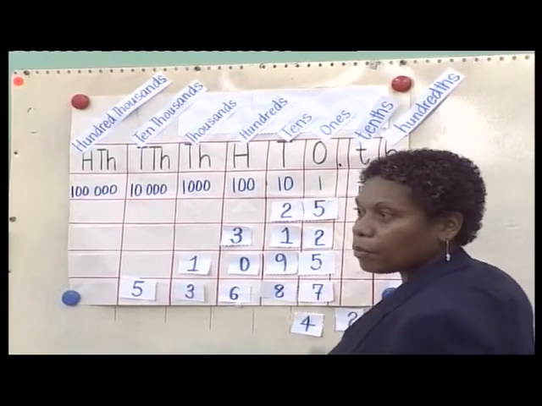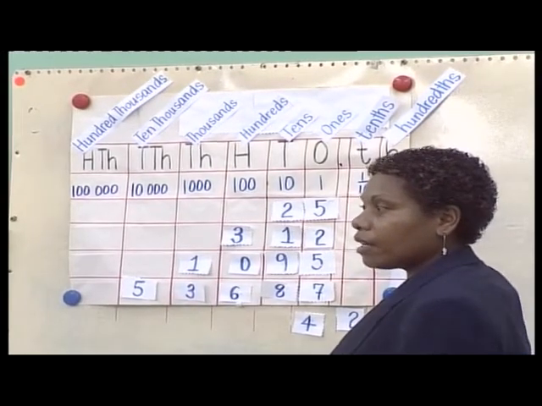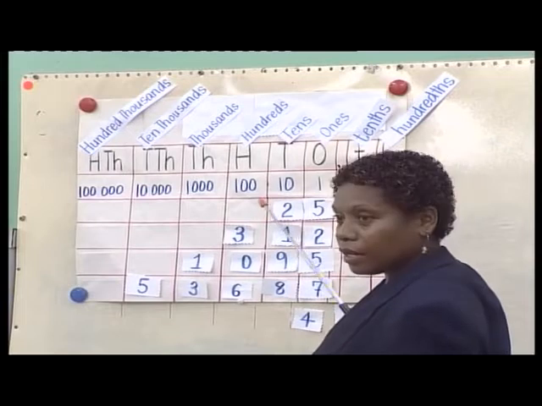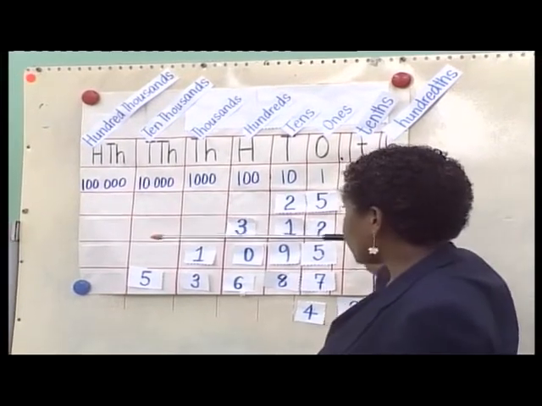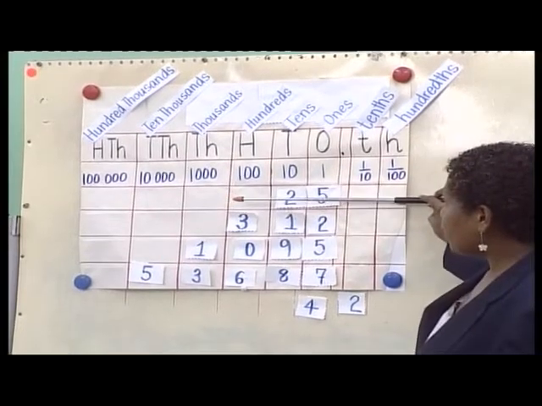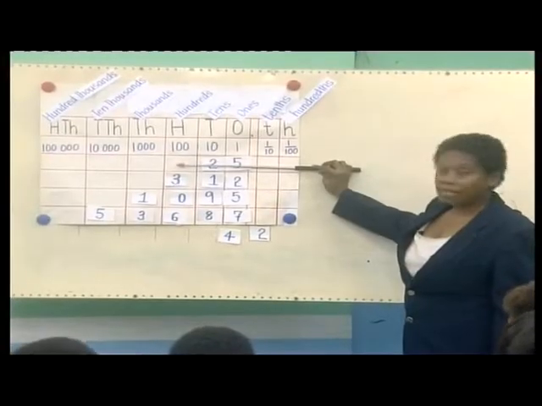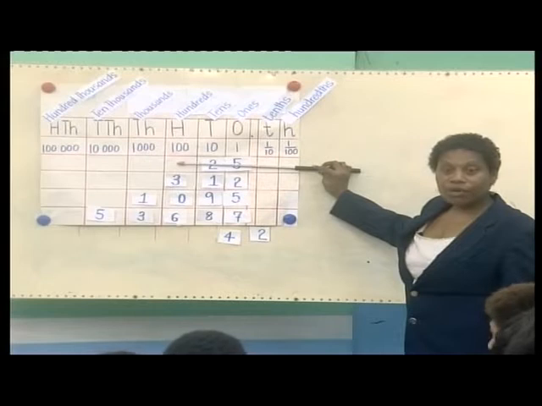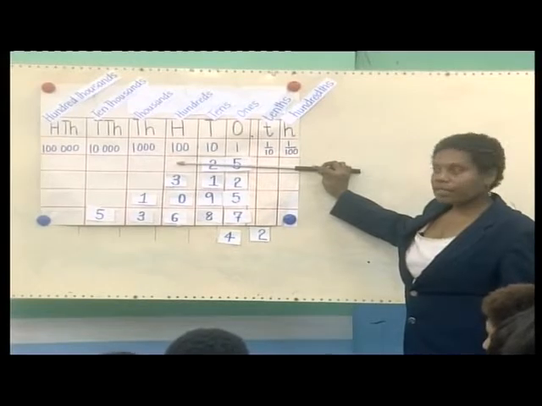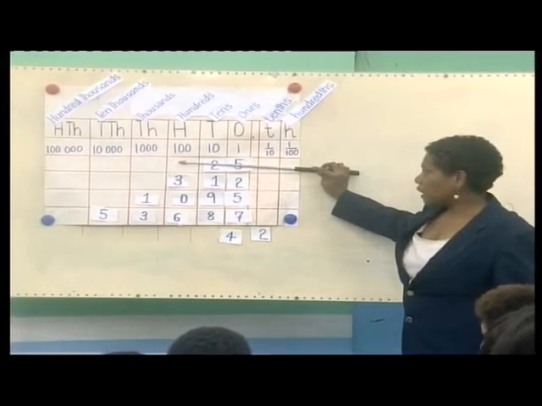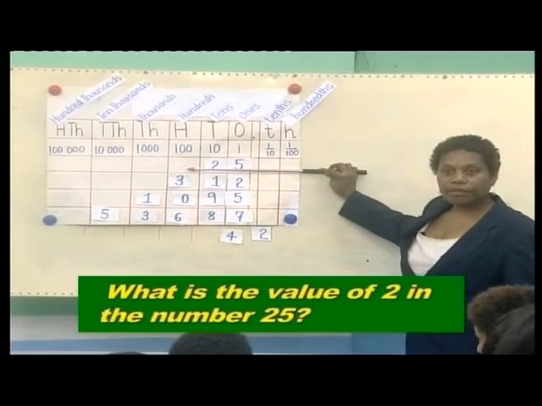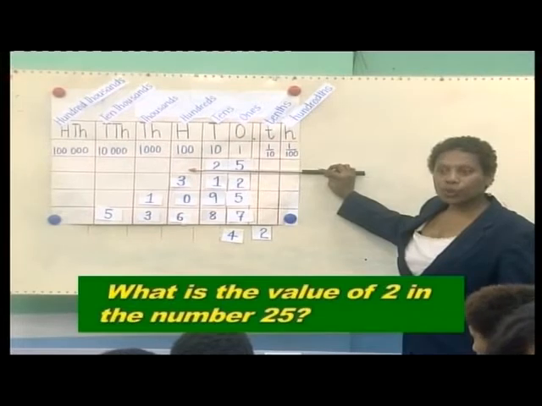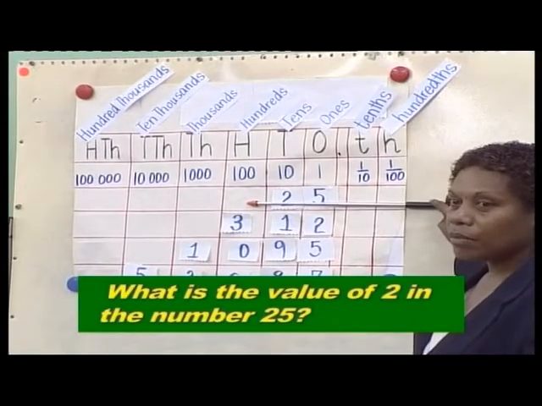Are we clear? Okay, one question. This time we look at the value. What is the value of 2 in the number 25? The value of 2, not the place value, but the value.